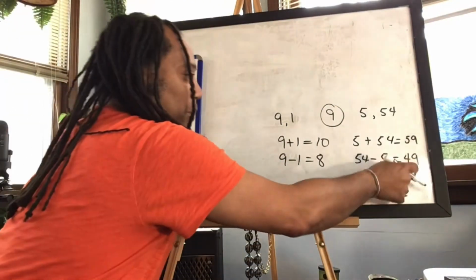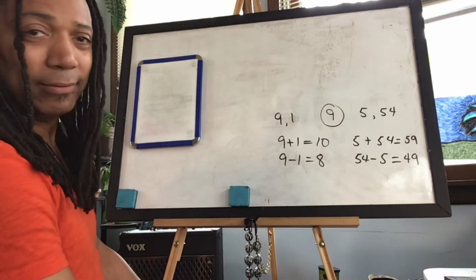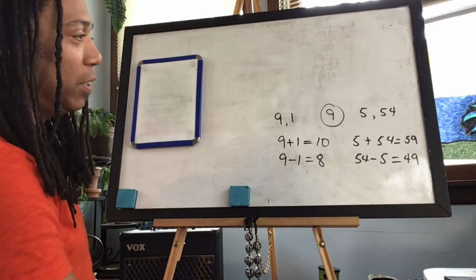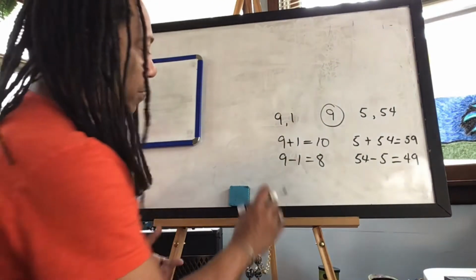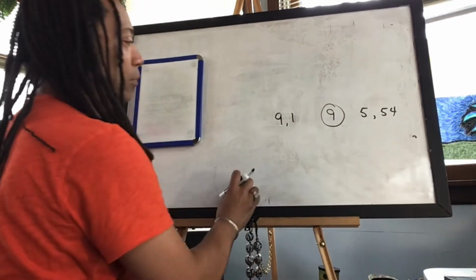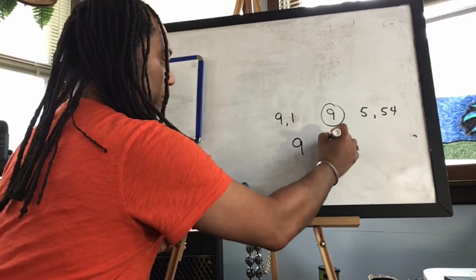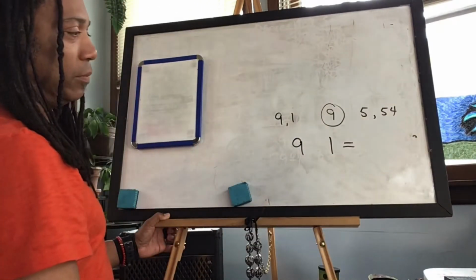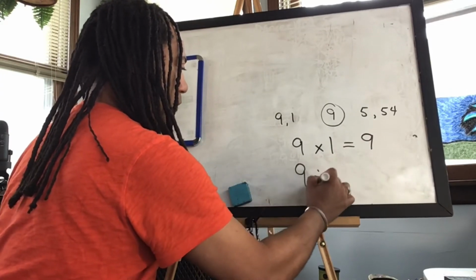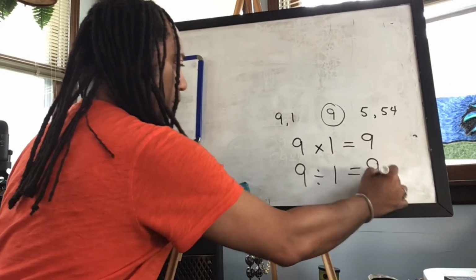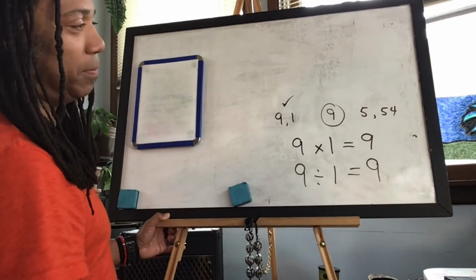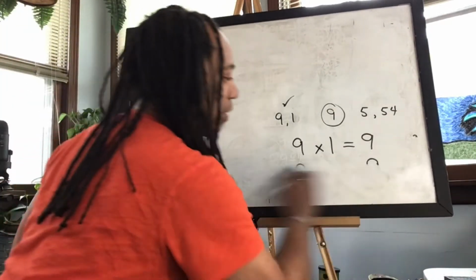When I'm looking at these two numbers, I'm nowhere near 9. So I'm banking that these probably are not going to be my numbers. These probably will. But addition and subtraction is not the way to go. Perfect. That's it. Those aren't too tough.